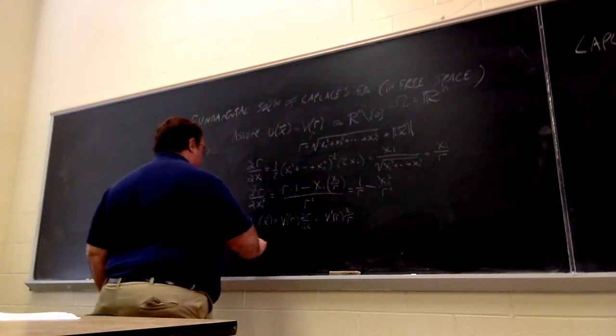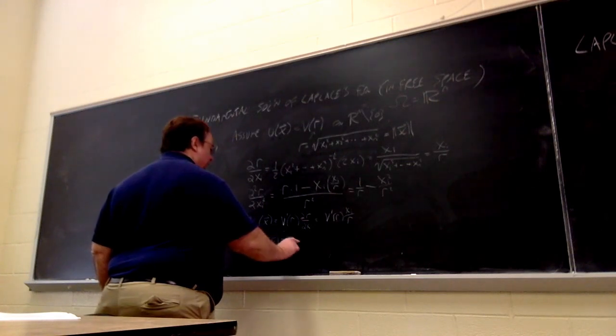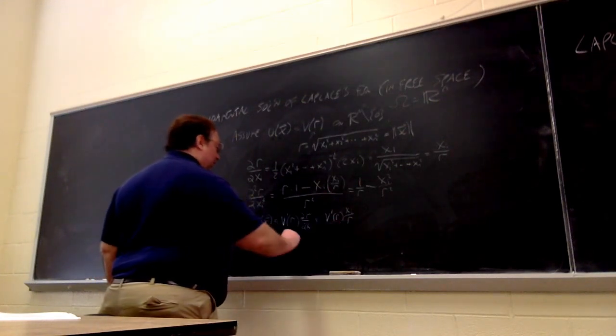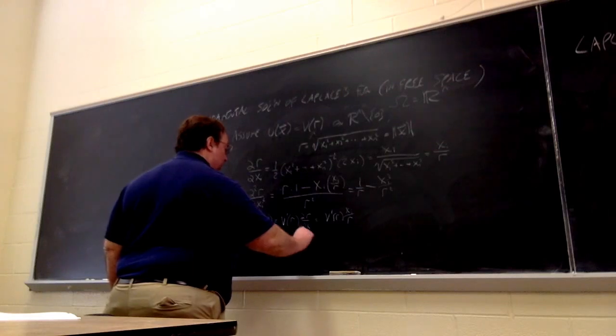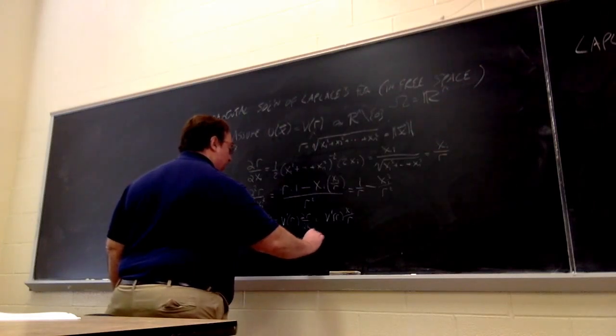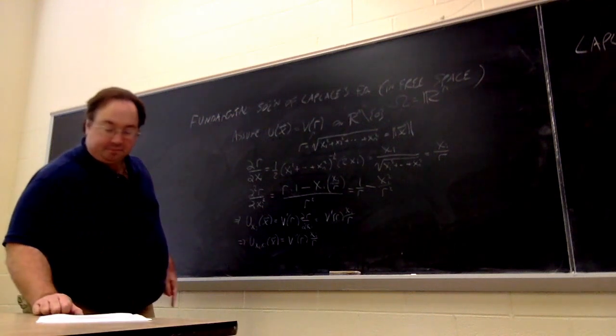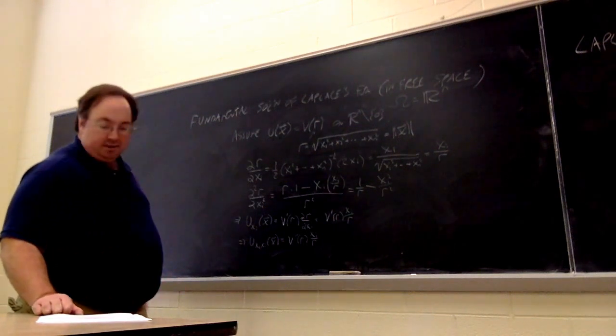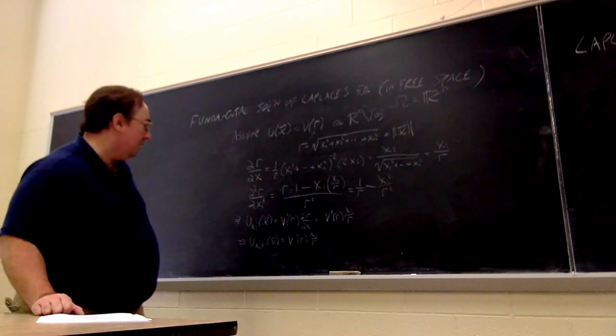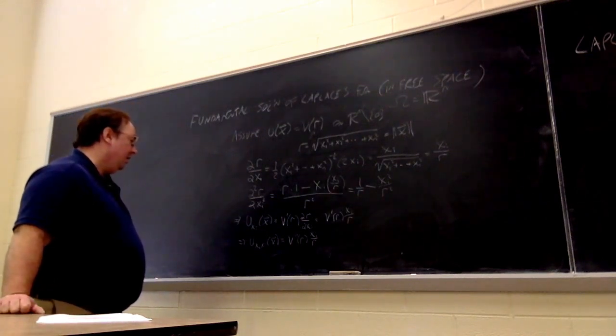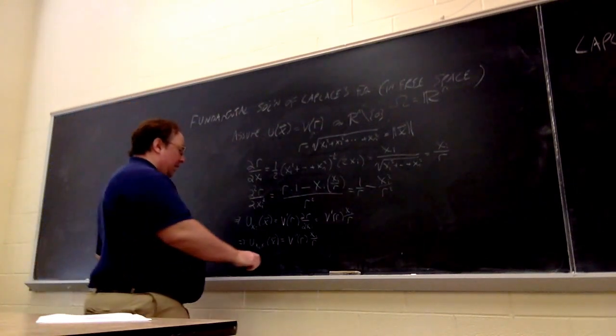But I want the second derivatives, because that's what makes up the Laplacian. So using a product rule on this, I'm going to get v double prime of r, xi over r. Well, hold on.